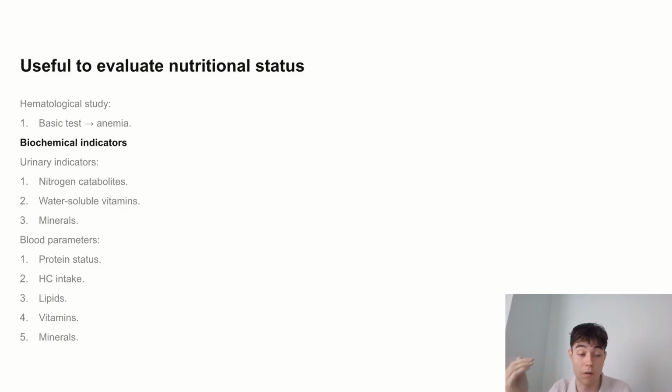So if we have low levels of protein in blood, it doesn't mean the patient is eating low levels of protein. Maybe it's because he's not eating the amount of zinc he should eat.